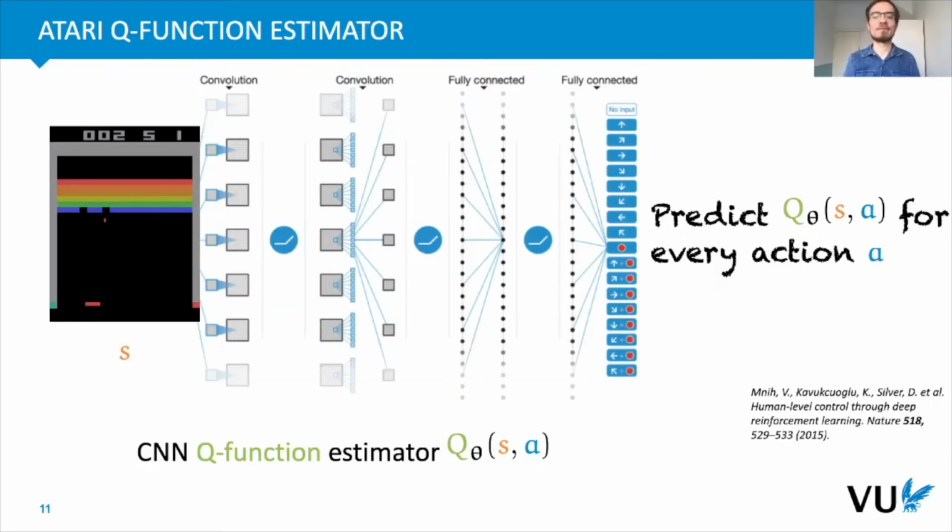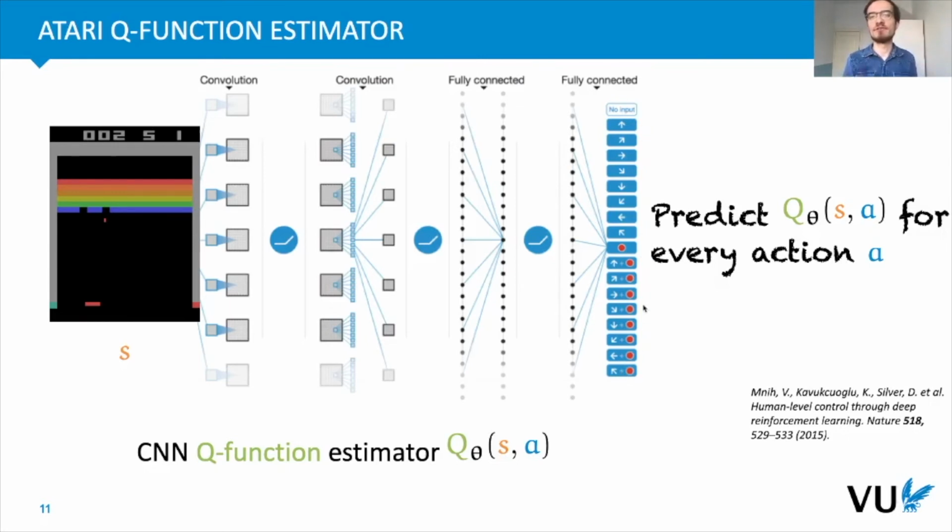So how does a function like that look? It's actually very easy because it's pretty much like the policy network that we use within REINFORCE. The only difference is that instead of taking a softmax output, because you only want a single output and a distribution over actions, what you now do is you don't have any activation function in the output layer.